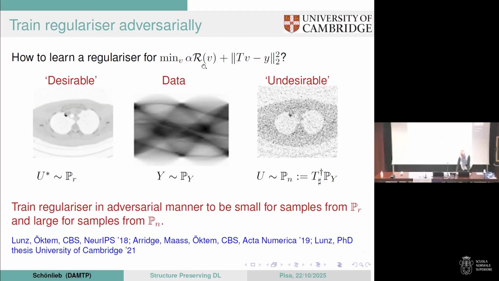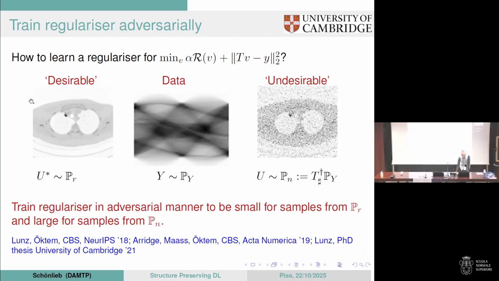Meaning that you would like the regularizer to pick, within the set of least square solutions, the ones which favor, let's say, high resolution, noise-free examples of images from your domain of application over noisy, lower resolved reconstructions.